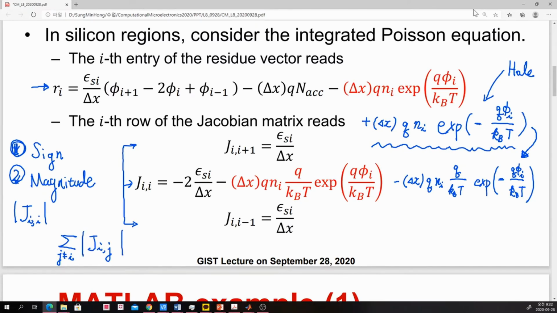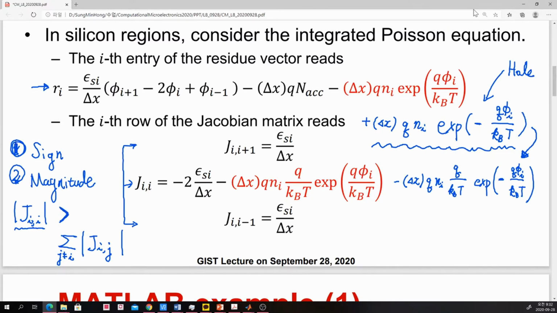Then what will happen? In this case, the diagonal component's magnitude is larger than the sum of all other non-diagonal components. So now you can write it this way.